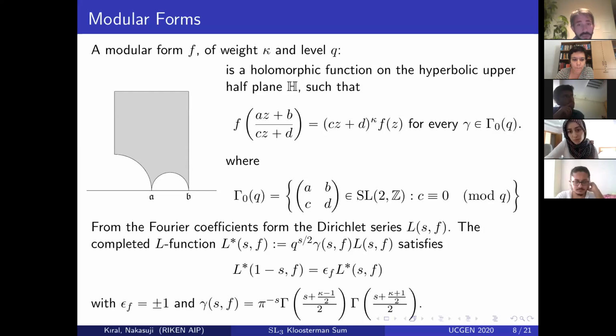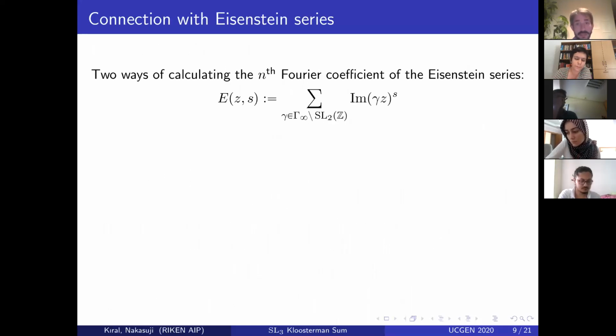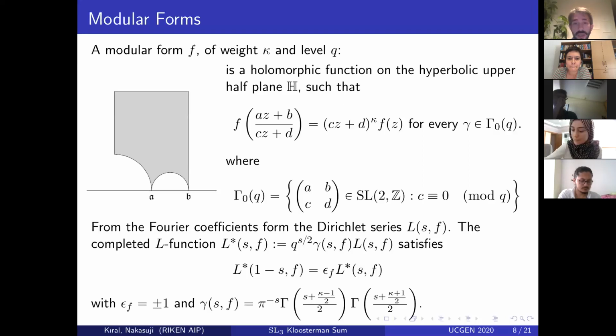This is because these are modular forms on GL2 or SL2, and the Eisenstein series is a modular form on SL2. So we want to create a function which is invariant, as you can see the F here. If kappa is 0, it is invariant under a group of isometries.